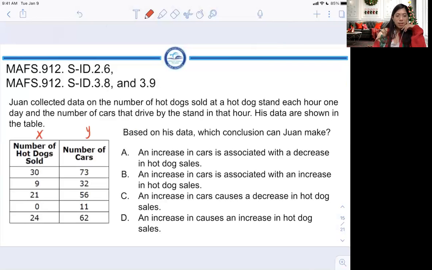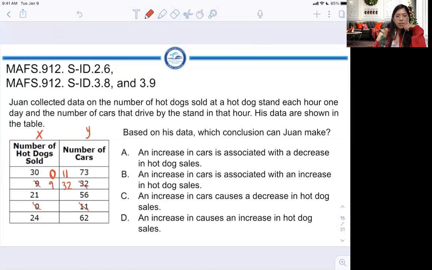So on the X column, which of those values should I put first? 0. Good, Jalen. So 0 and 11 should go first. What should come next? 9 and 32.